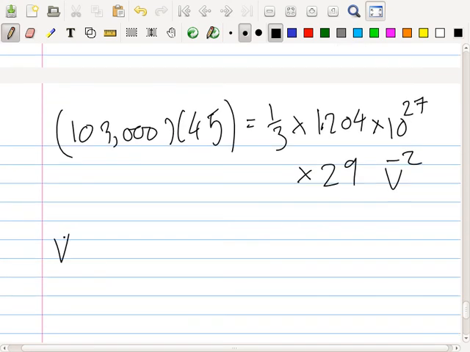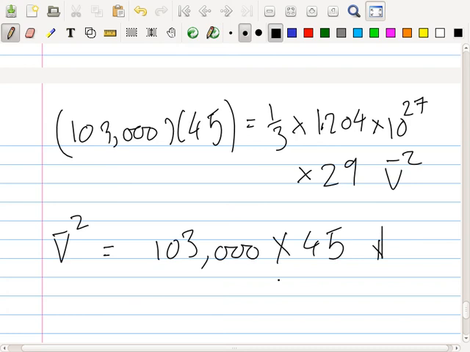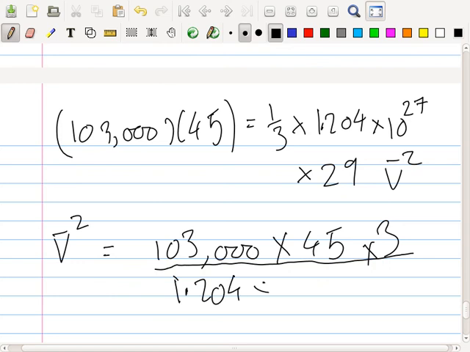So I get now v squared equals 103,000 times 45 times 3 divided by 1.204 times 10 to the 27 times 29.